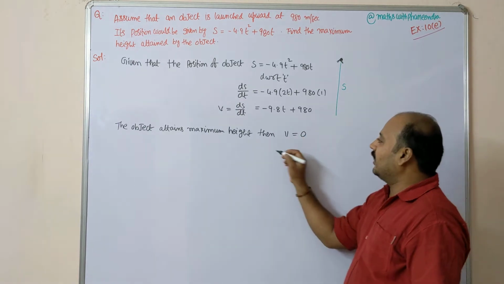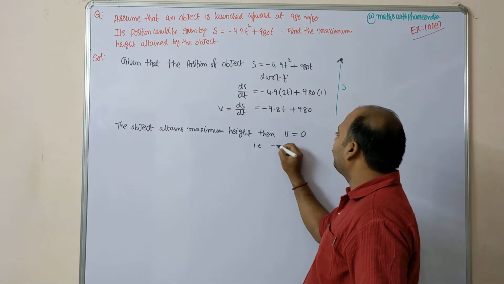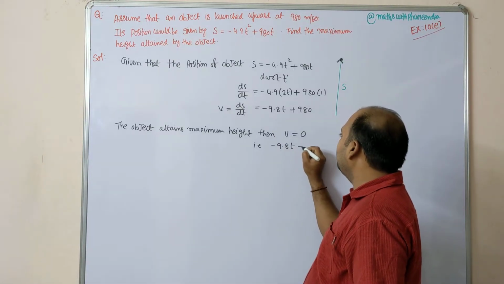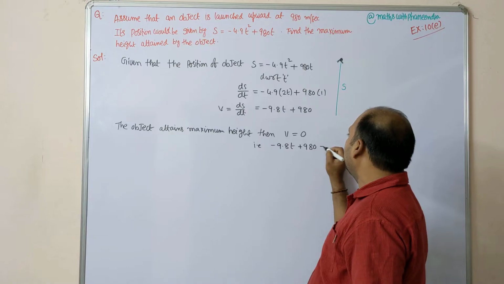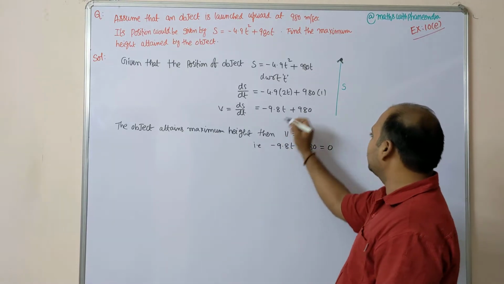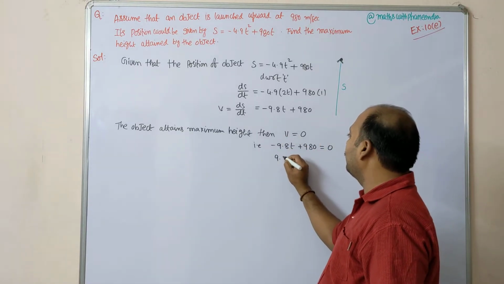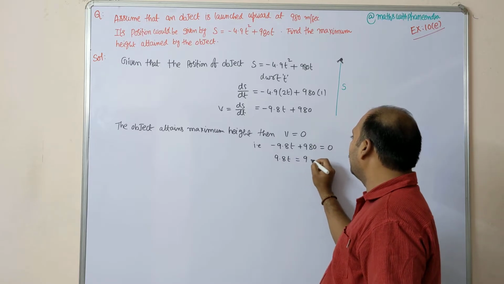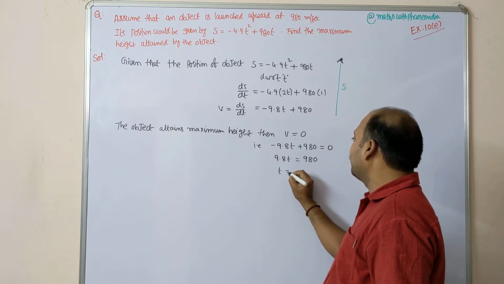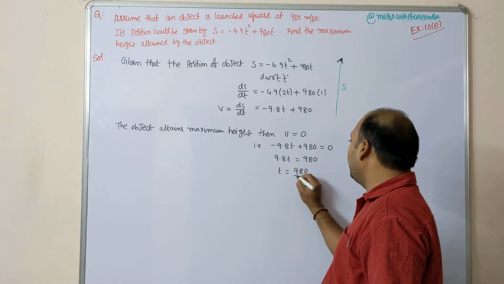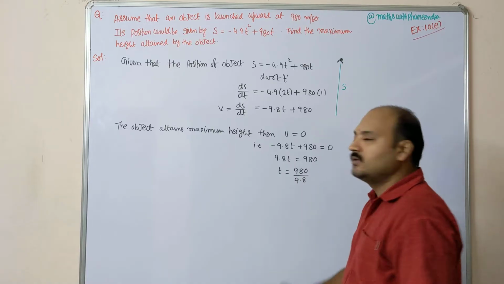What is velocity here? Minus 9.8t plus 980 is equal to 0. So minus 9.8 we can take this side, 9.8t is equal to 980. Making t the subject, 980 divided by 9.8.